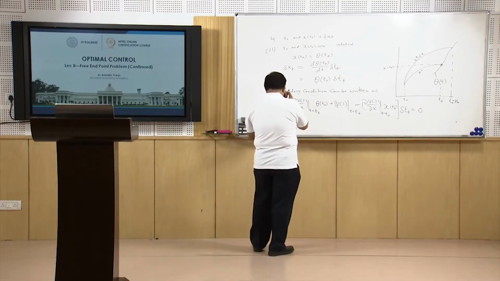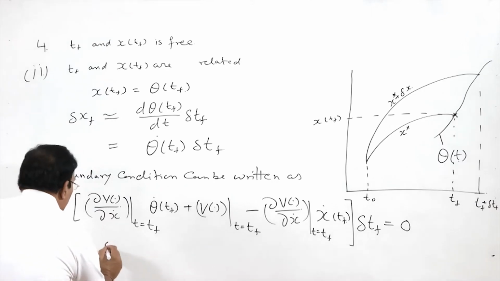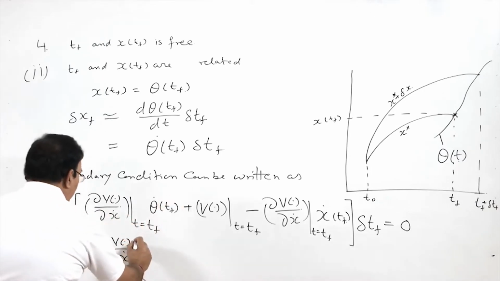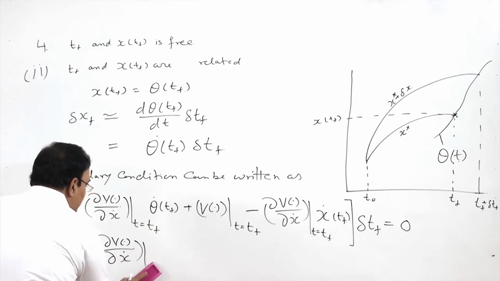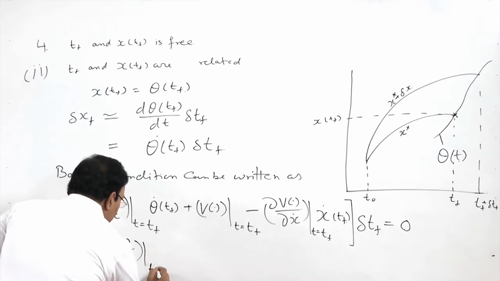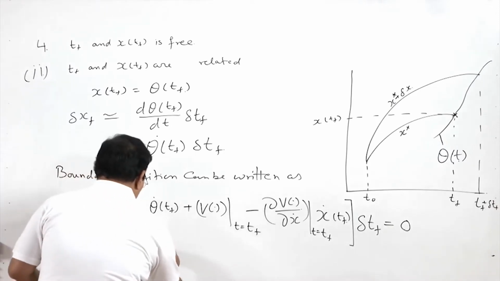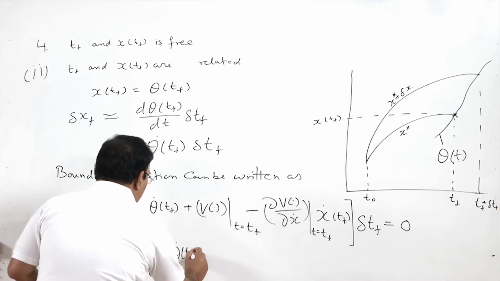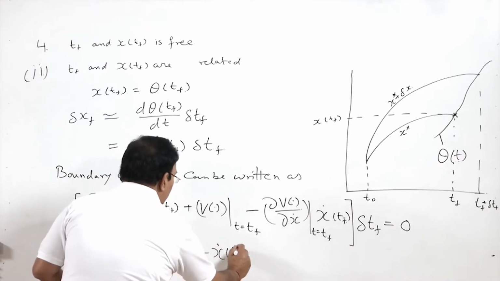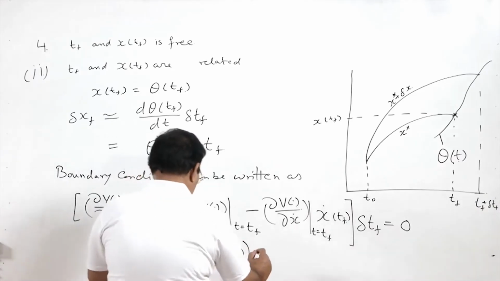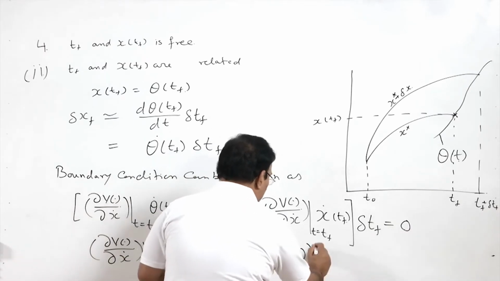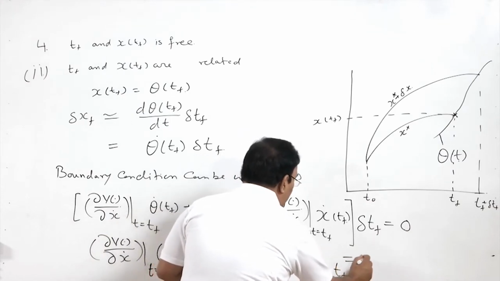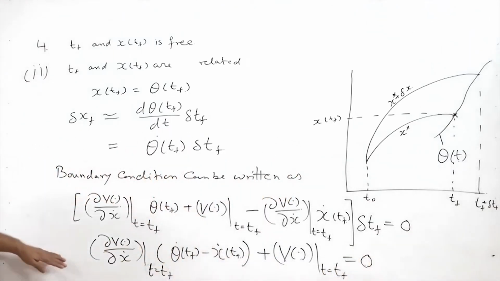My final boundary condition will be: del v by del x dot, which I am taking out from this expression, at t equal to tf point, this whole multiplied with theta dot of tf minus x dot of tf, plus v at t equal to tf point equals 0. So, this will be my final boundary condition.